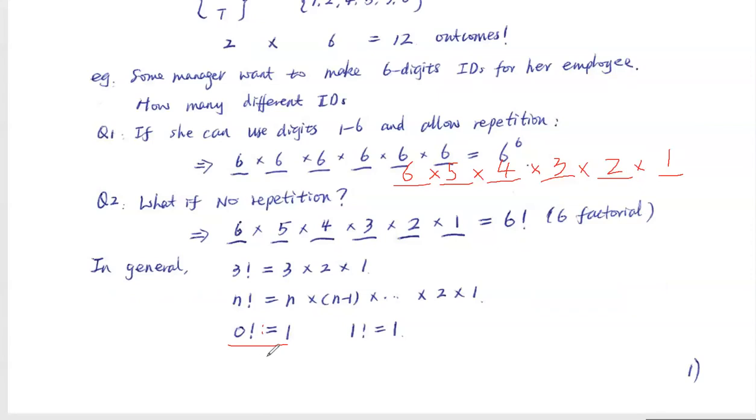Why? Because later on, you will see an example. If we define 0 factorial equal to 0, we will get big trouble later. So here we define 0 factorial equal to 1, the same as 1 factorial. We will have some examples coming to explain why 0 factorial has to be equal to 1 and cannot be equal to 0.